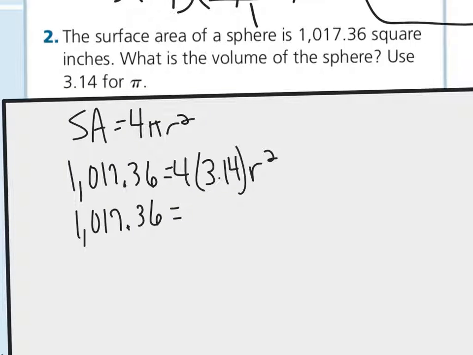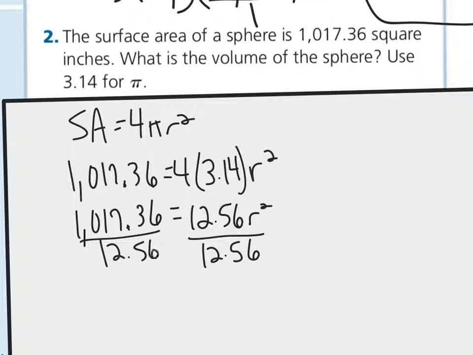So cleaning up on the right side a little bit, multiplying those would be 12.56. At that point, they're multiplying, so we can divide by 12.56. When you divide that, all of a sudden it looks really nice here. We have an 81. They're squaring, so we can take the square root.